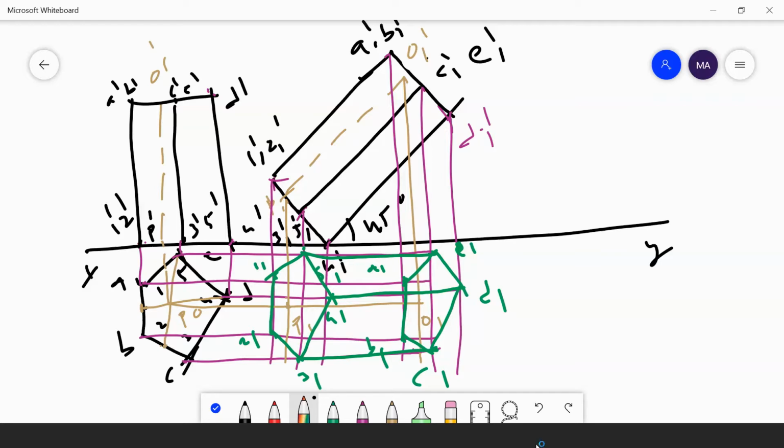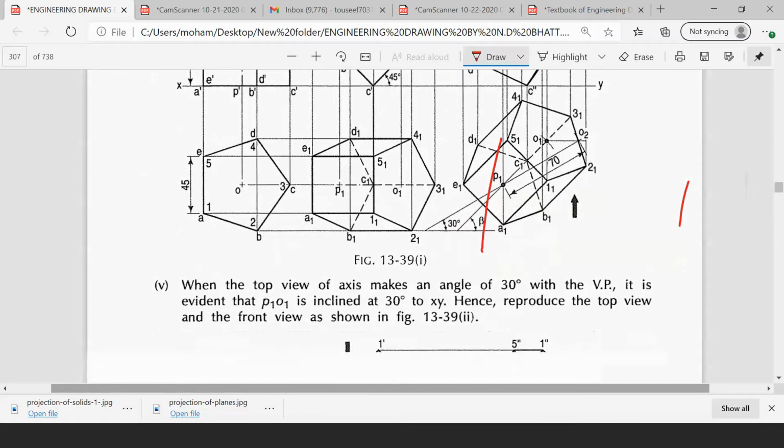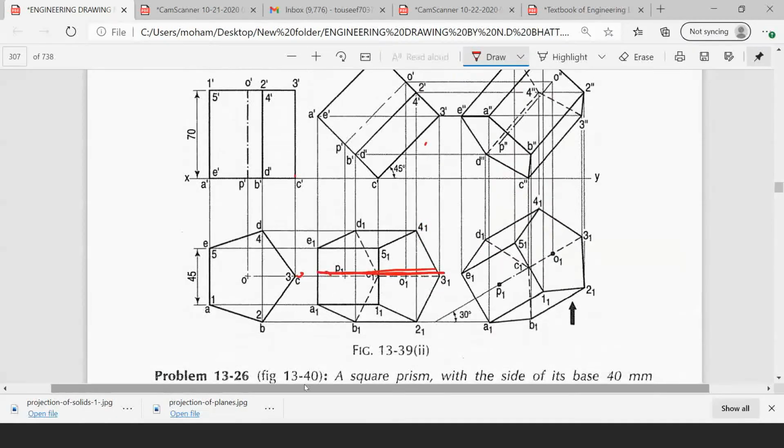When you consider this pentagon, here he has drawn the dark lines. I am projecting from E to this point, D to this point.